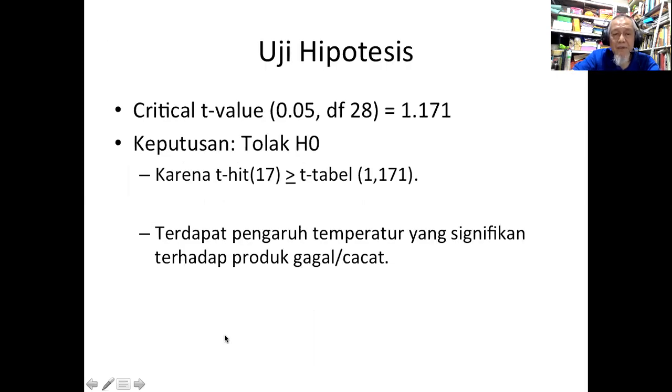So when we look at the step, we find the critical value from the T table with degrees of freedom 28 and alpha 0.05, which is 1.171. That means that our calculated T, 16.93, is greater than the critical value from the T table, 1.171.